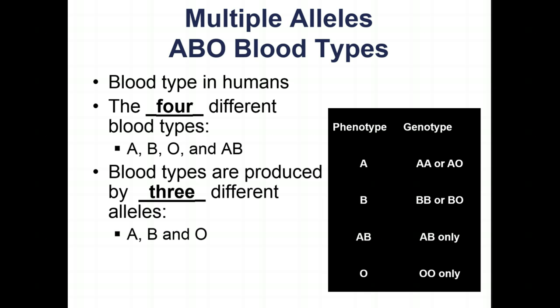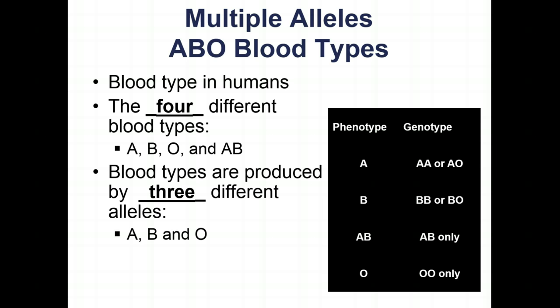When we talk about blood groups and blood group genes, be aware that the A allele and the B allele code for enzymes that add different sugar molecules to the ends of the glycoproteins that protrude from the red blood cells. And the O allele codes for a non-functional enzyme that doesn't add any sugar molecules.